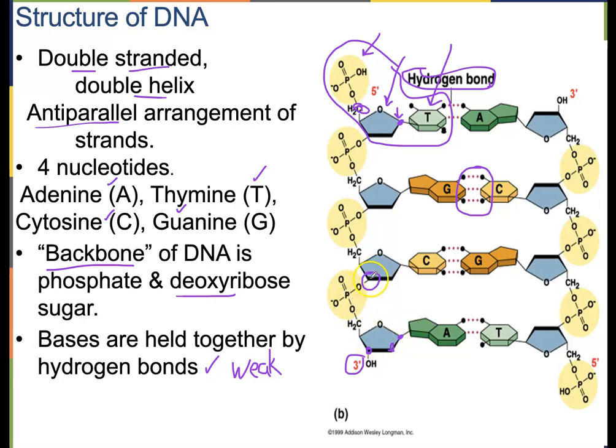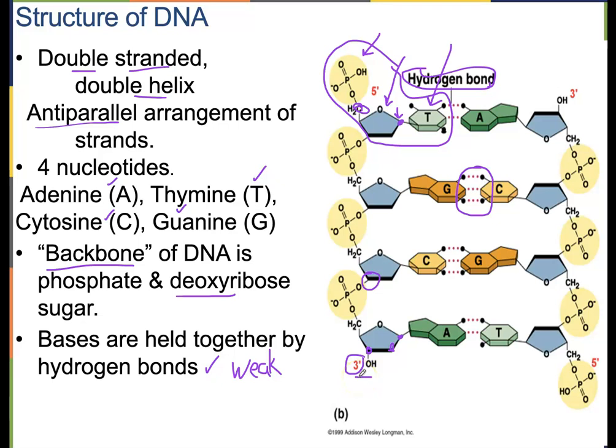So this is the 3' end that's attached to another nucleotide. So this is the 3' end because it's empty. If this was a complete molecule of DNA, one strand is going to have the 5' end free, meaning that you can build above it, and then the other end will have the 3' end free.